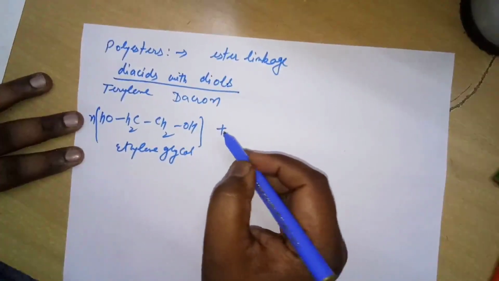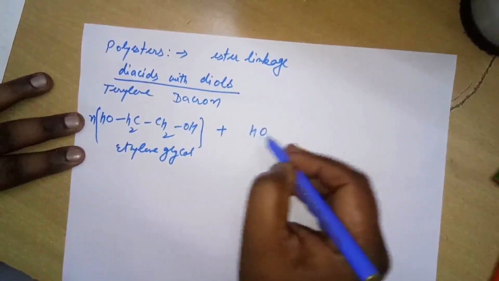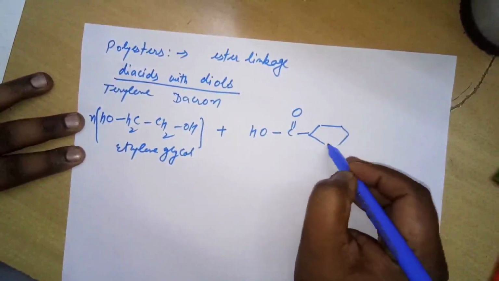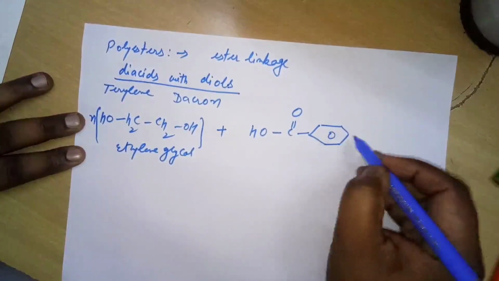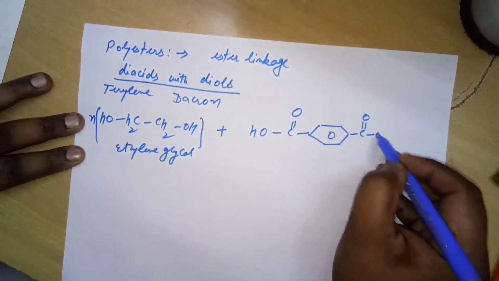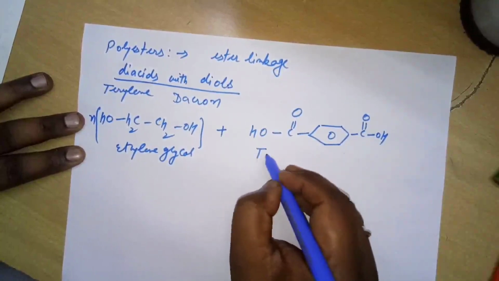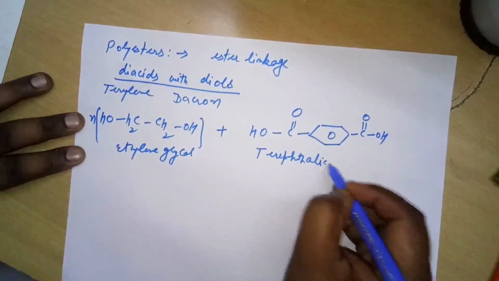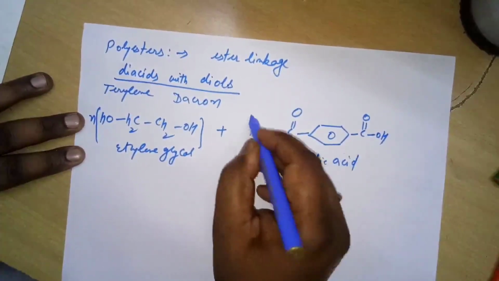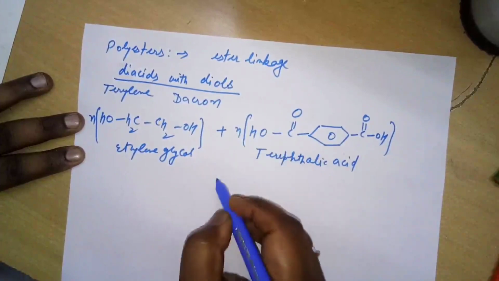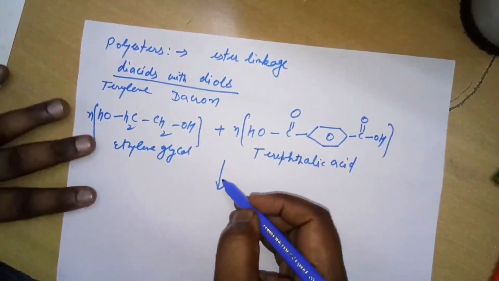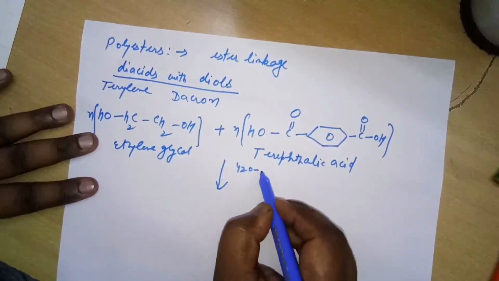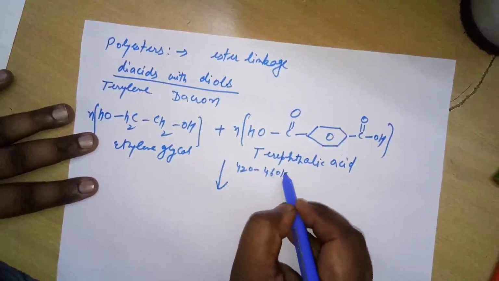And another is terephthalic acid. This is terephthalic acid. Both these monomers undergo condensation at temperature between 420 to 460 Kelvin.